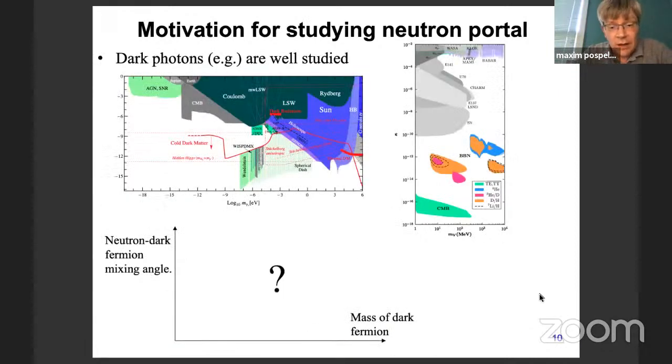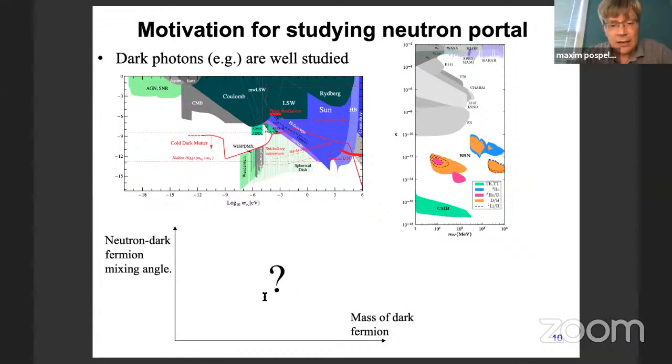And my motivation to study this is that the situation is very different for the dark photon, where the model is studied in many decades of masses, from as light as the Hubble scale to the multi-TeV scale, and down to really tiny couplings.